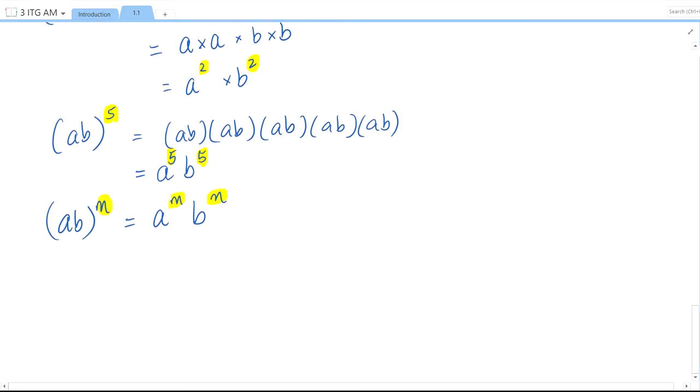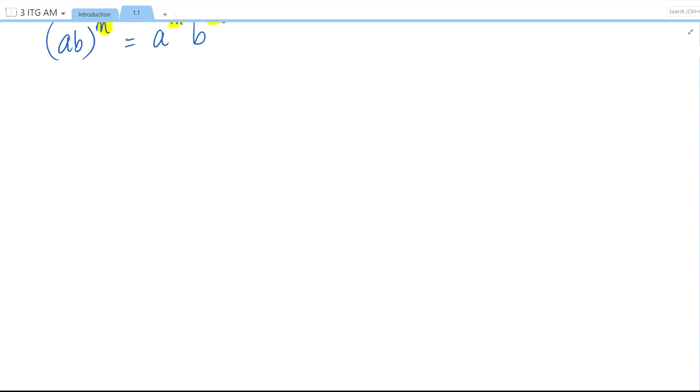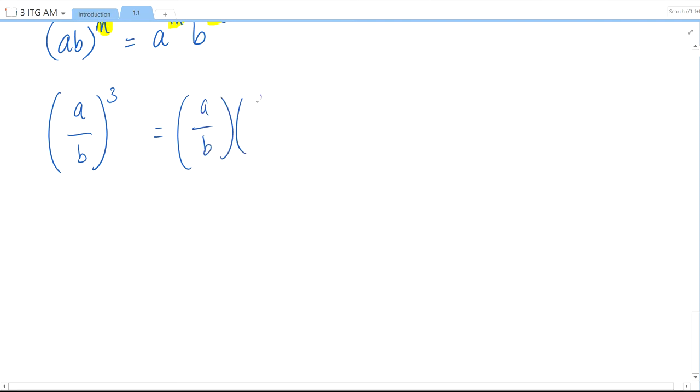Okay, and finally, the last law that we're going to learn in this topic. The last one looks something like this. Let's say we have a over b power 3. Again, if I were to expand this out, I get a over b, a over b, a over b.